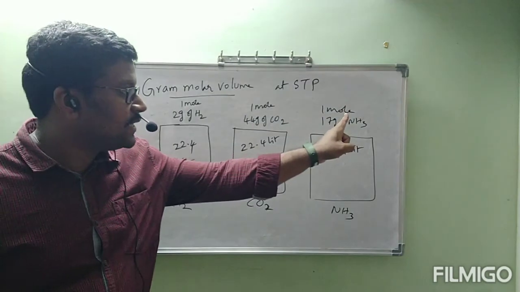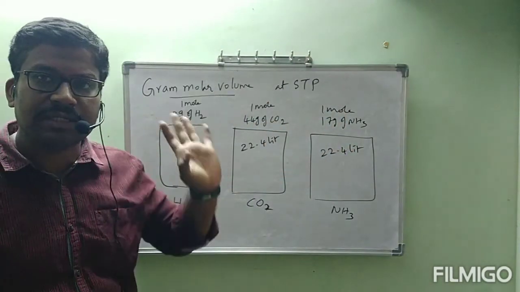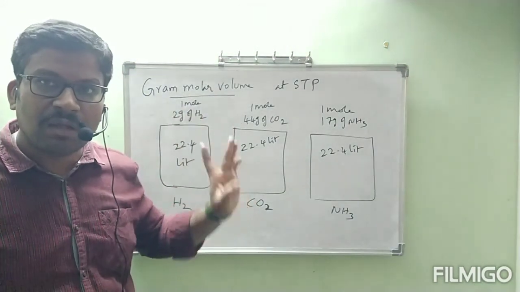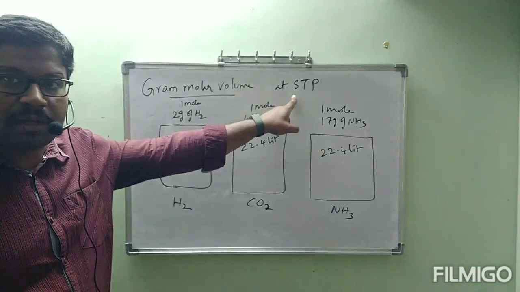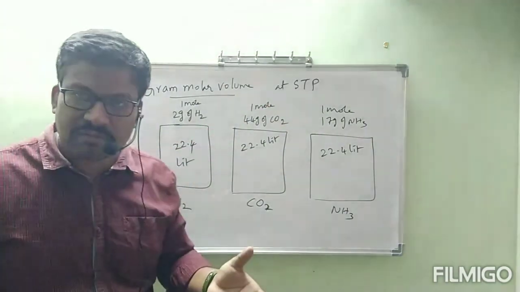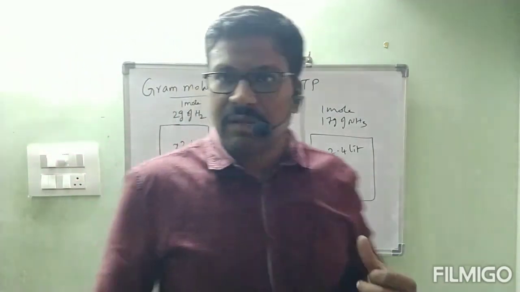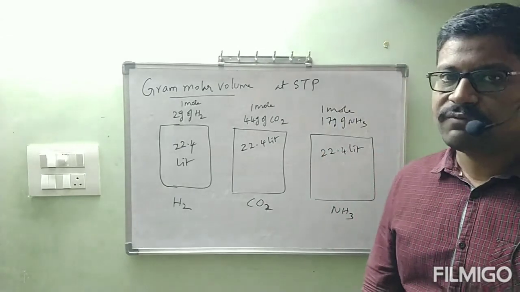1 mole of any gas, that is ammonia or CO2 or H2 or whatever the gas might be, at STP occupies 22.414 liters. Actual value is that, but while we are discussing or doing the problems, simply we will write 22.4 liters.